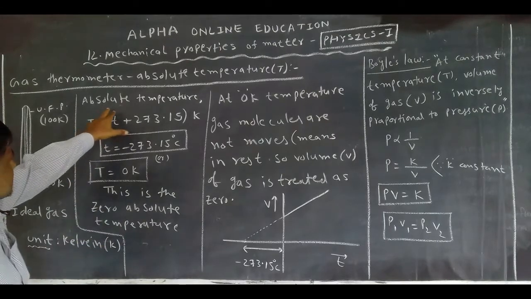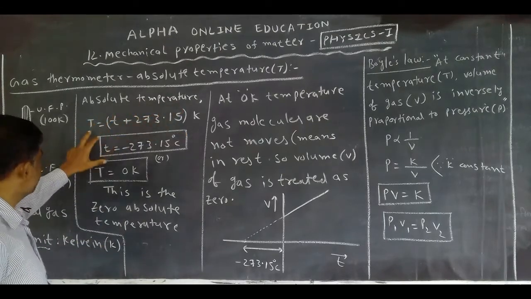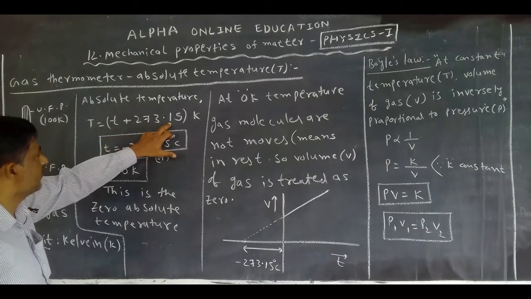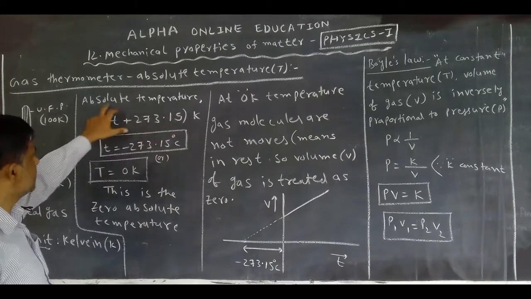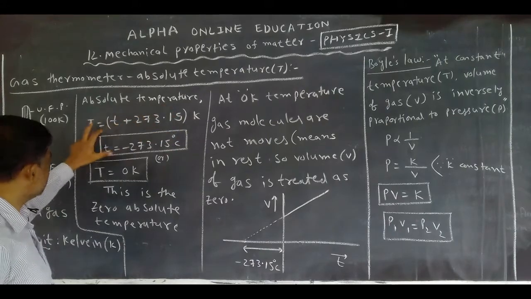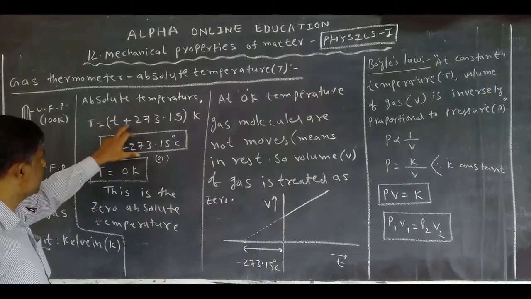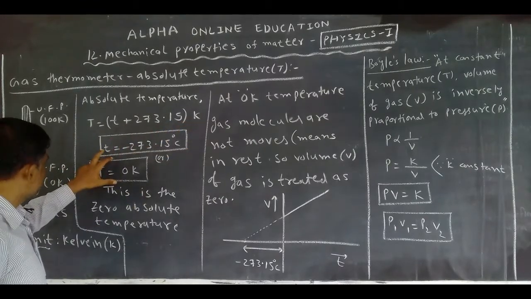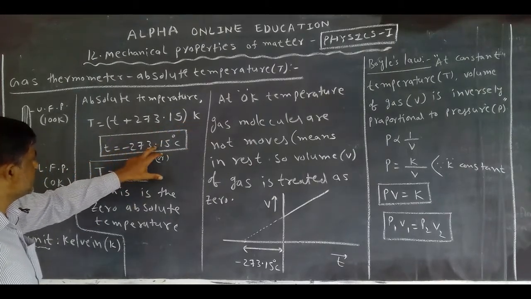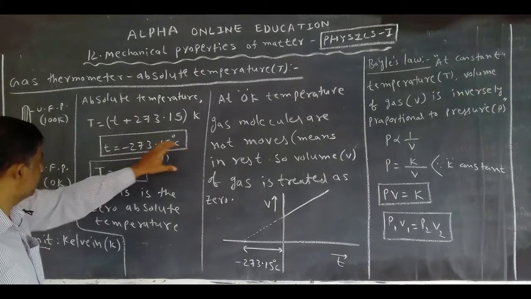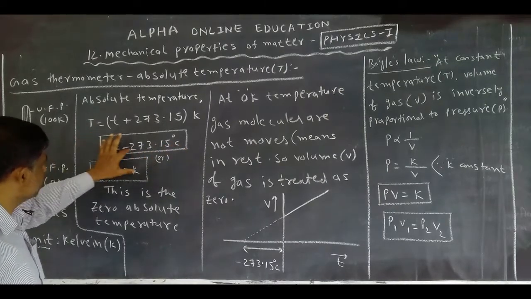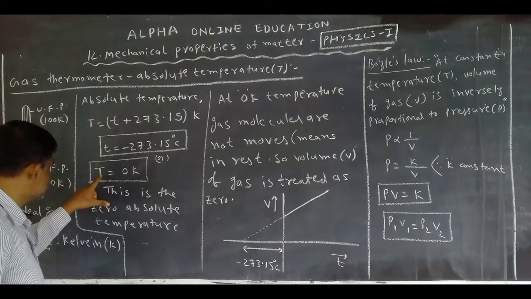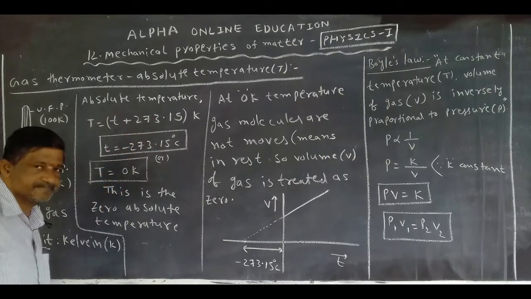Okay, what is the representation of absolute temperature? Capital T is equal to small t plus 273.15 Kelvin. If small t is equal to minus 273.15 degrees centigrade, substitute here. What is the answer? 0 Kelvin.